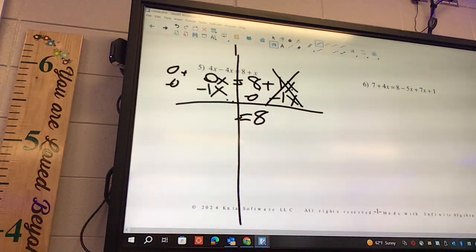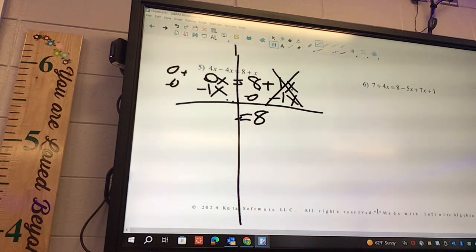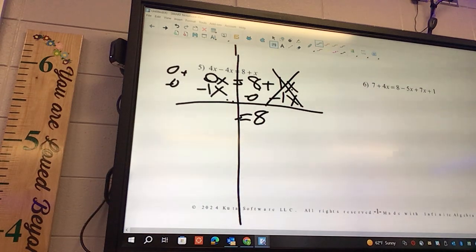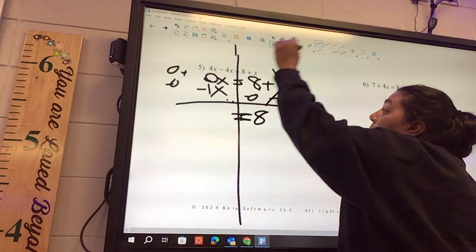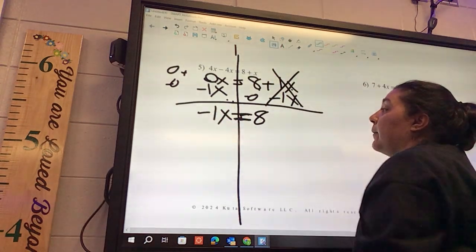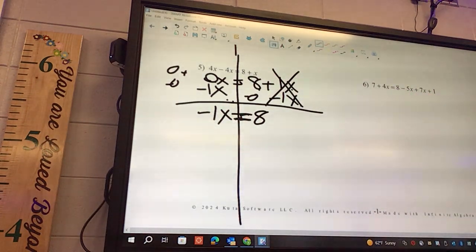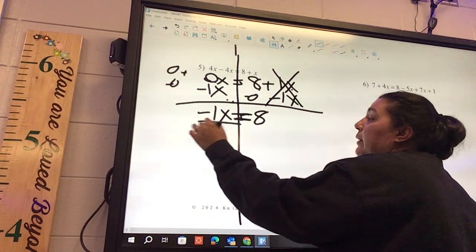So however you wanna do that is totally up to you. It gets a little bit confusing. But essentially the 8's gonna drop down, okay? 0 minus 1, negative 1x. Okay, and then our last step is to do what? Divide by negative 1.